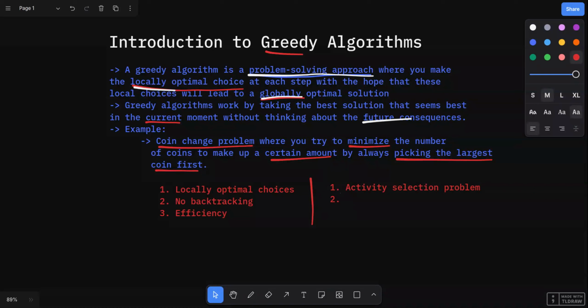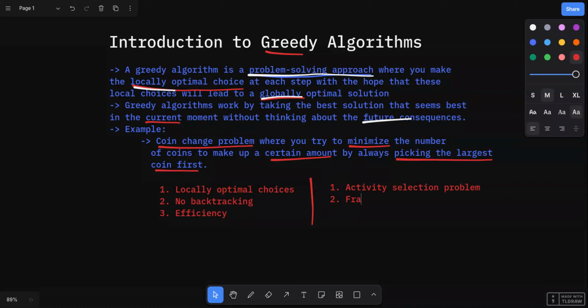But the activity selection problem is basically when you're given a list of activities. Each activity has a start and end time, and what you are supposed to do is pick the maximum number of non-overlapping activities that someone could take from that array of activities. So we're going to be looking at the greedy approach to that, and why a greedy approach would work in such a situation.